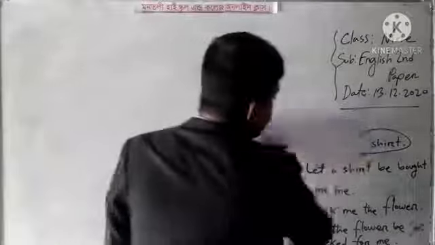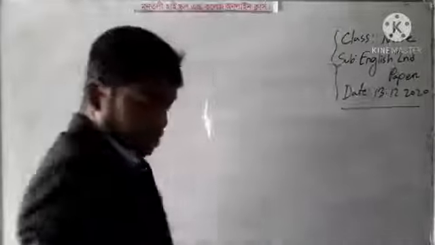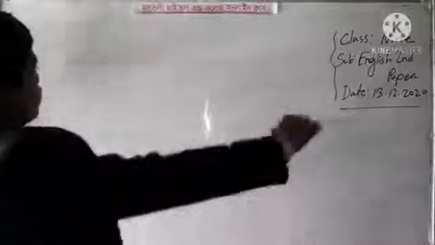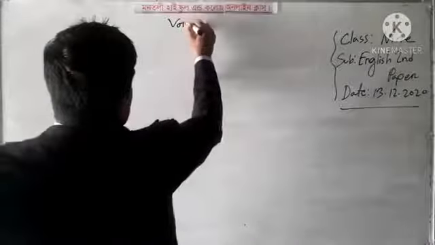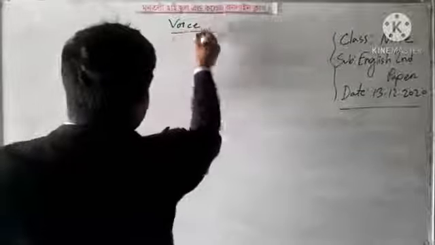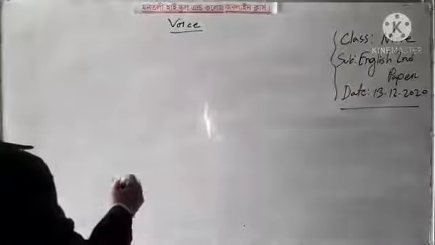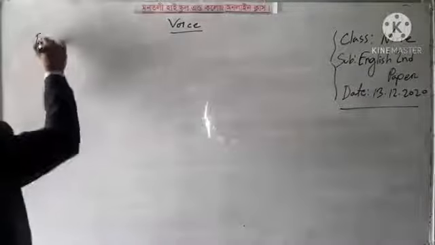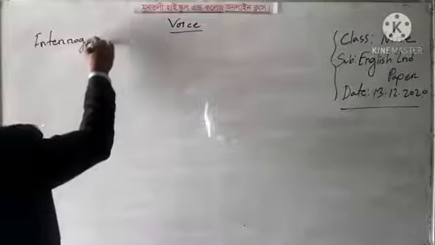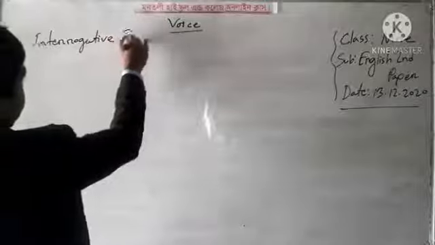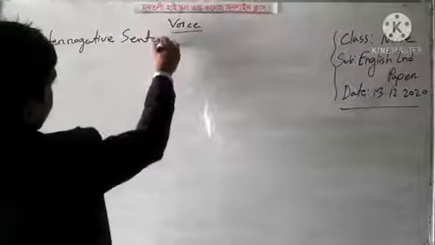So I will request you to follow my lecture and keep eagerly with my lecture, and this is actually beneficial for you, I think. So now I am going to start the interrogative sentence.